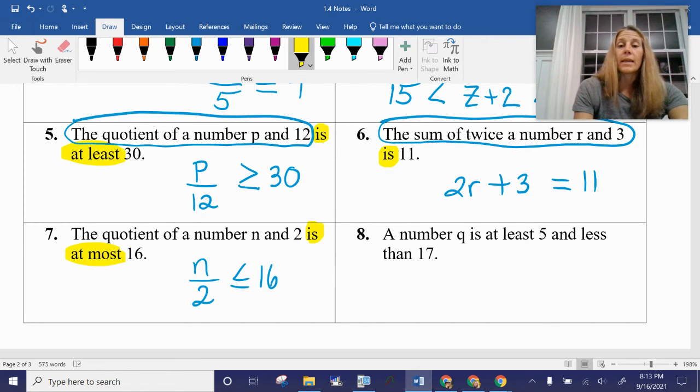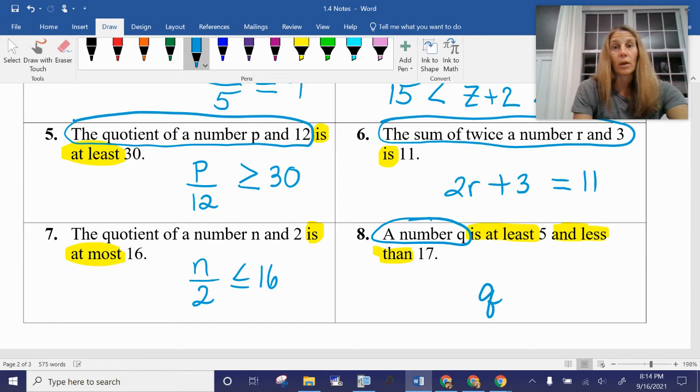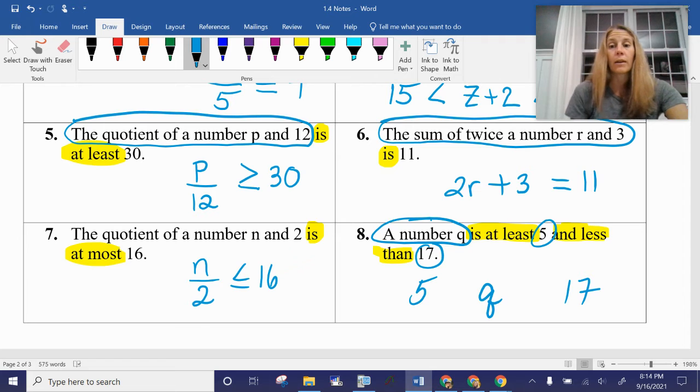All right, and then number 8, a number q is at least 5 and less than 17. So this is another one with the two different signs. A number q, that's my expression, goes in the middle. 5 is the smaller one, it goes on the left. 17 is the larger one, it goes on the right.